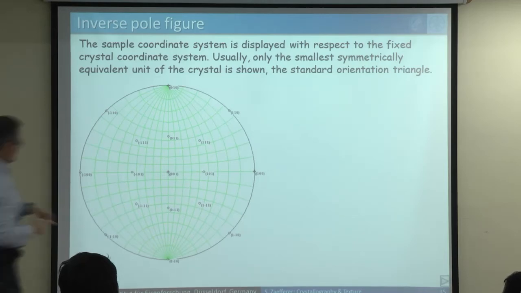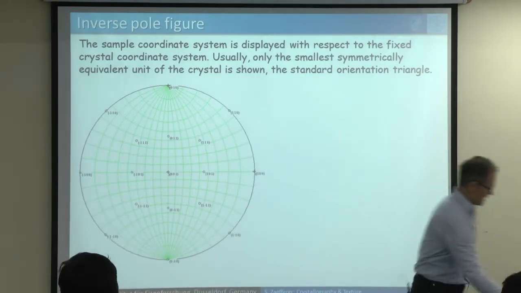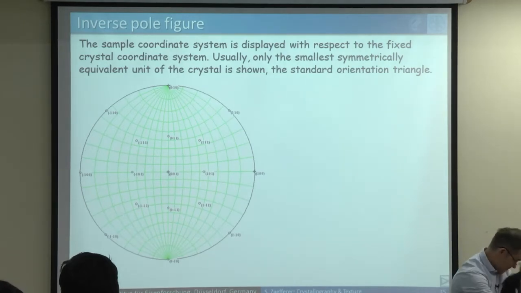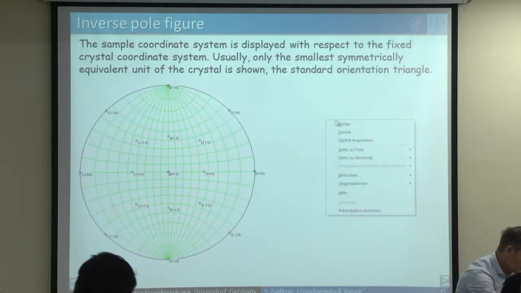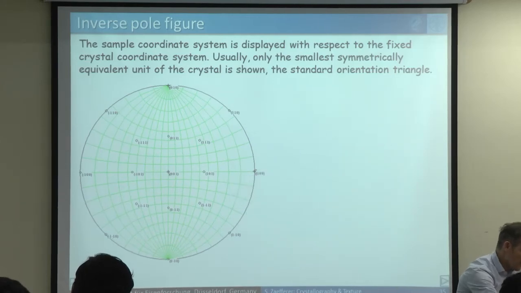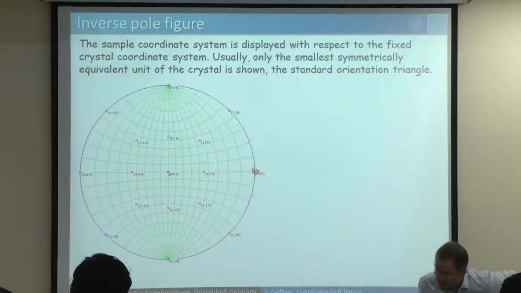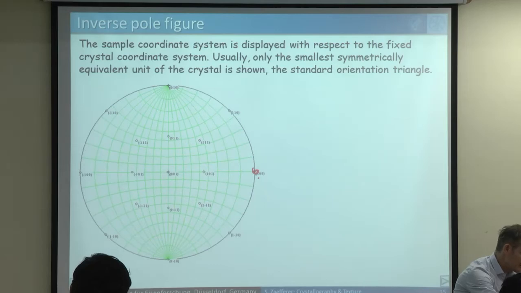So where would that be in my crystal coordinate system here? Let me show this with the pointer. 100 for HKL would be here. And what did I say, 001? So this one would be Z, right? And 001 would be here.